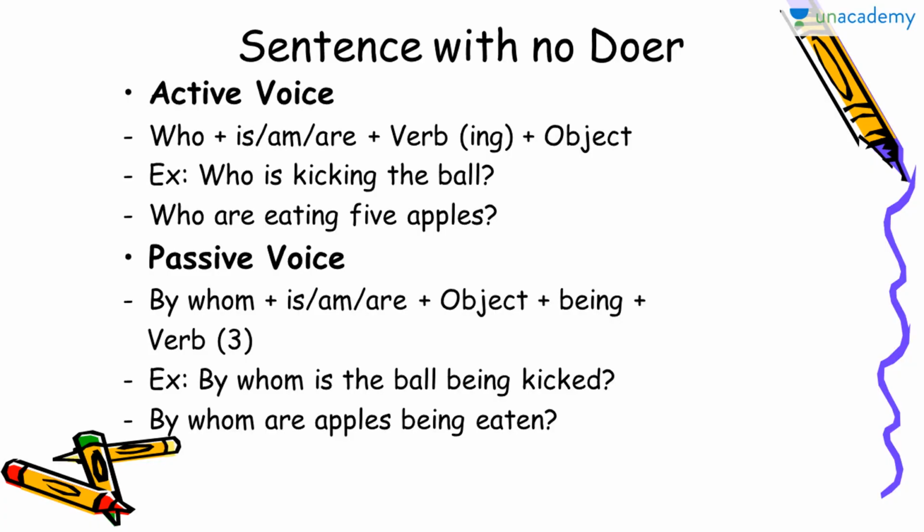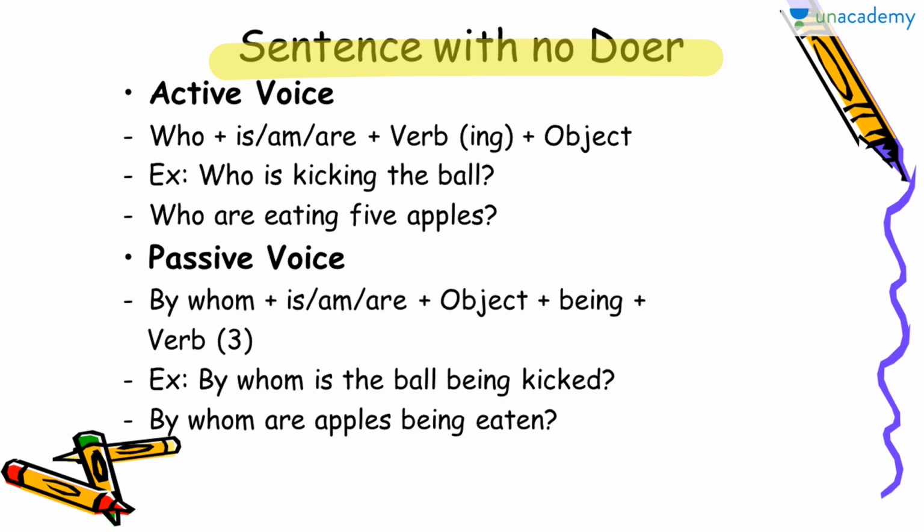So at last we have sentences with no doer, which means that we are asking question to know who did it or who is the doer of that action. Sentence with no doer does not mean that there is no doer present or we don't want to tell the name of the person.